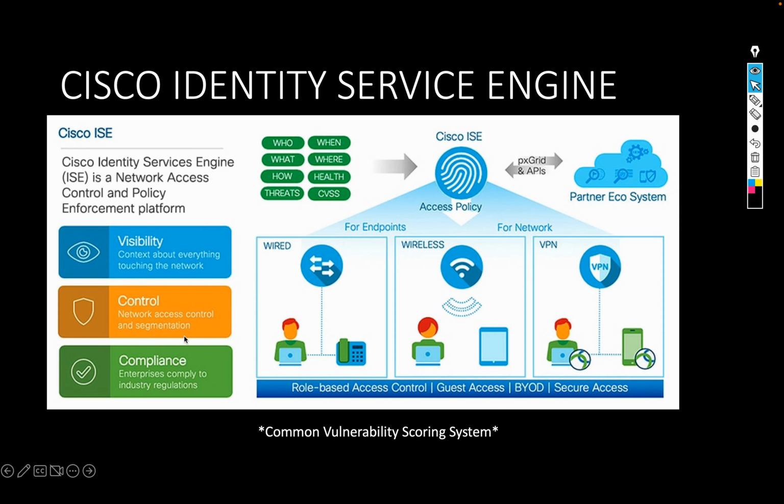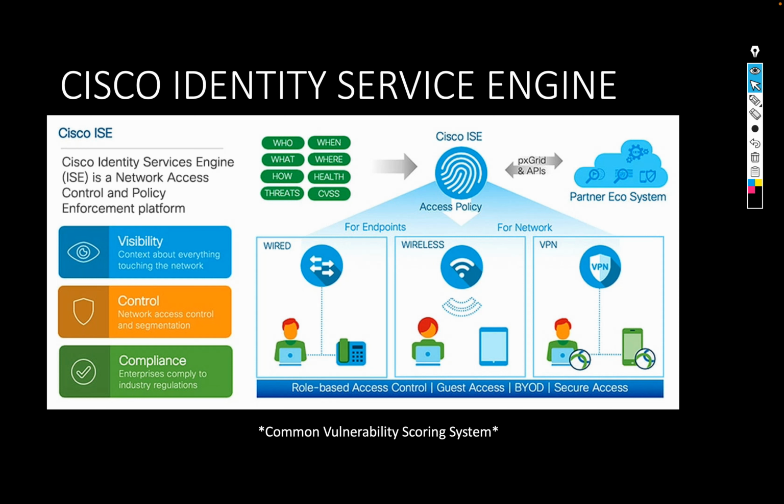As you can see on this presentation, ISE provides visibility, control, and compliance for wired connections, wireless connections, and also VPN. ISE also has the feature of communicating with APIs with a lot of partner ecosystem using pxGrid or APIs.